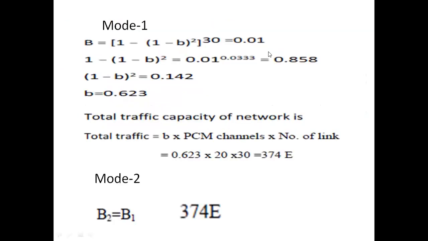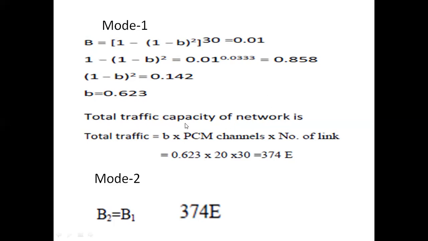We use the equation as we discussed recently. We substitute the value for small b and we get the value of capital B1 to be 0.858, if you do the calculation.